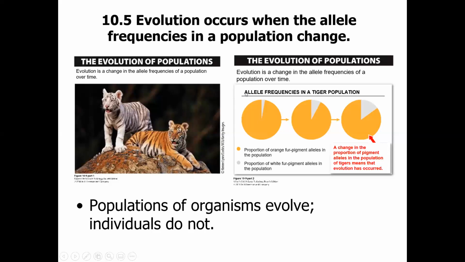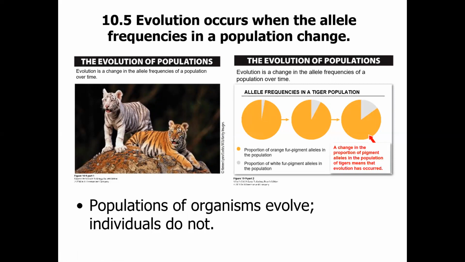If we look over here on the right, at the allele frequencies in the tiger population, we have the orange piece of the pie chart representing the orange tigers, and the white sliver representing the white tigers. A vast majority of the population has the phenotype of orange coat, and a very small amount of the population has the white coat.